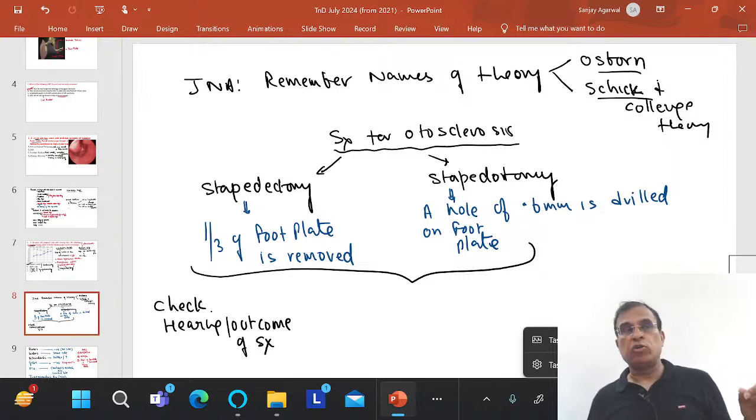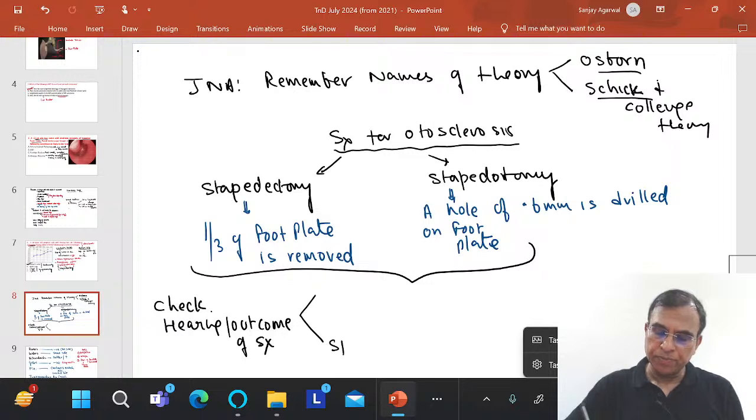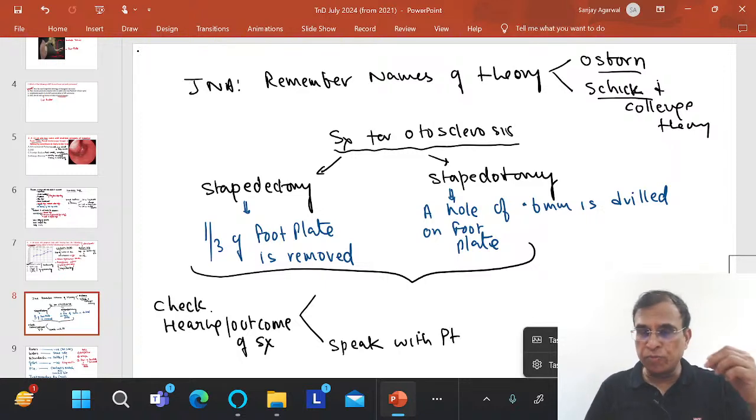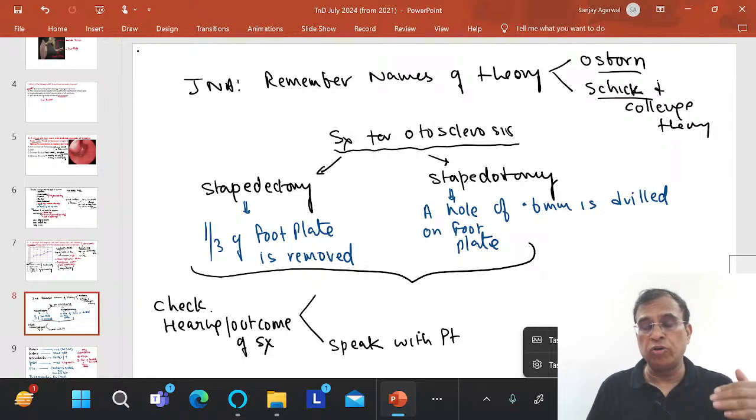We always check the outcome of the surgery and the hearing before we close the suture, right? And for this you can do two things. One, you speak with the patient in a very low tone, very low volume. If the patient can hear you at a low volume, that means the patient's hearing has improved.